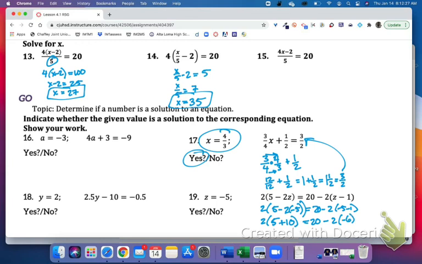This next step, 2 times 5 plus 10, so 2 times 15. And then -2 times -6 gives me +12. Which tells me that I have 30 equal to 32, which does not shape up to be correct.